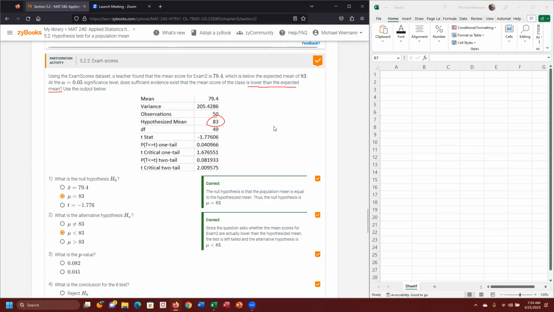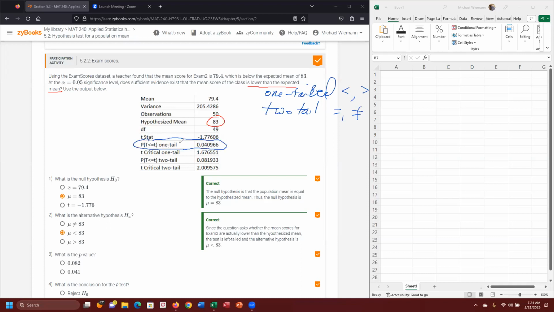P-value, change the color here. P-value, since it is a lower than, this is a one-tailed test. So less than or greater than is a one-tailed test. Two-tailed test is either an equals, not equal to relationship. So since it is a one-tailed test, I have to pull the p-value relative to a one-tailed test.